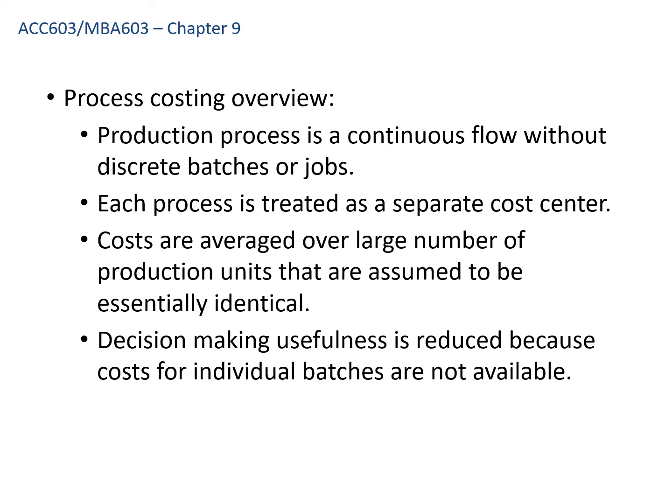So in that case, I would accumulate direct materials, direct labor, and I would apply factory overhead to the mixing department. And then I would look at how much, and that might be gallons of aspirin goo, whatever it is, and I would come up with an average per gallon or liter of material.